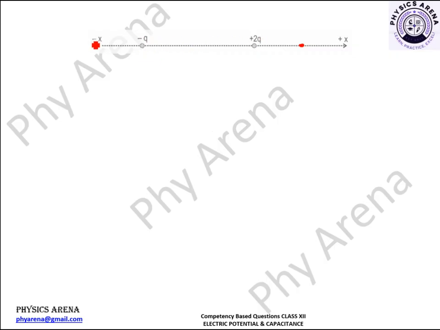So the point at which the electric potential has to be 0 must be somewhat towards the minus q charge. So let me take it at this point. Say for example, this point is Q and it is lying at a distance a from the minus q charge. And we have taken the distance between the two charges as x only. So from the plus 2q charge, Q point is at x plus a distance.